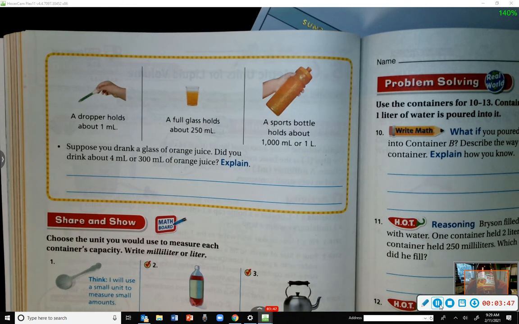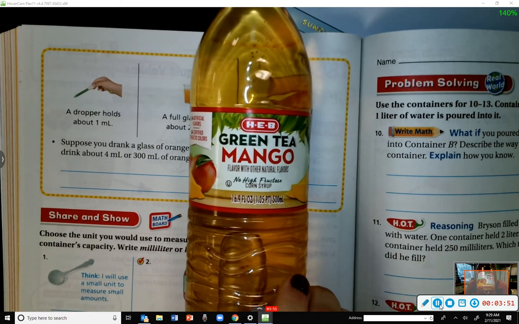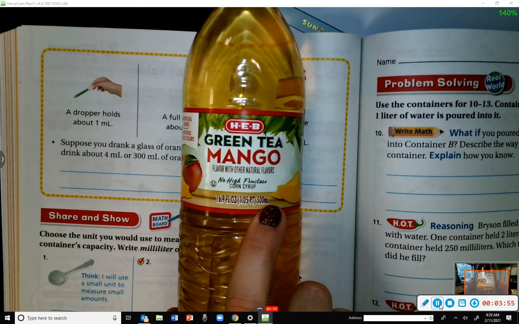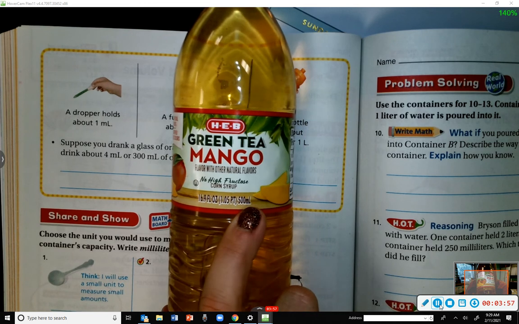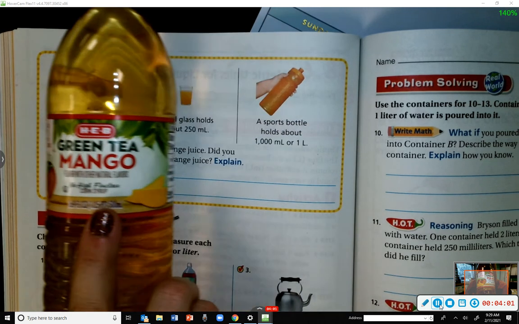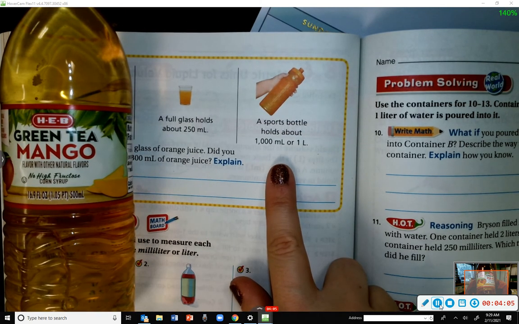This bottle was how much? This bottle was 500 milliliters, okay? 500 milliliters for just a regular bottle of water, okay? A sports bottle will hold 1 liter, okay?